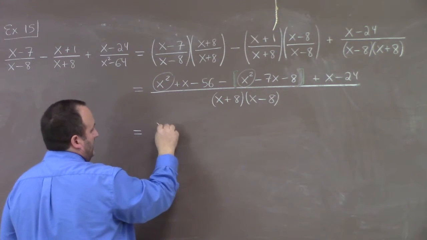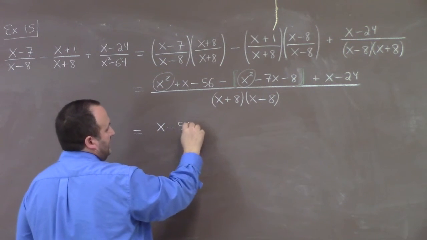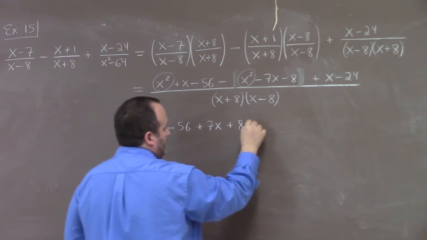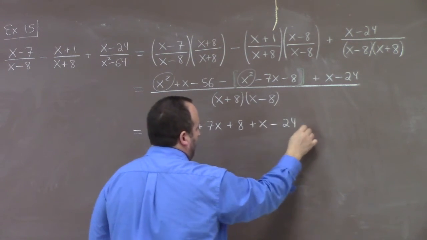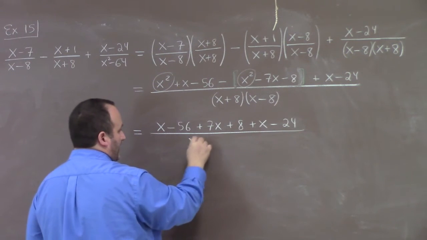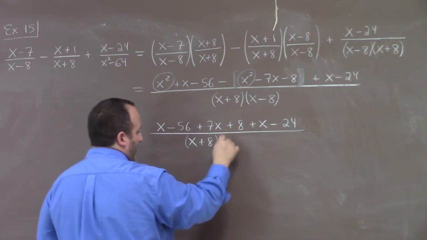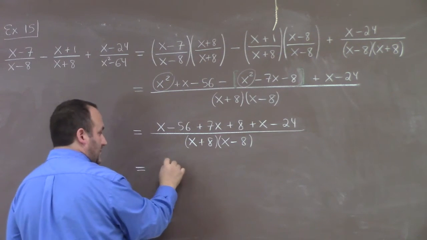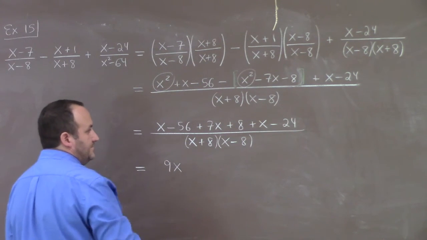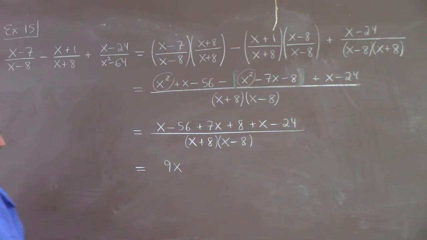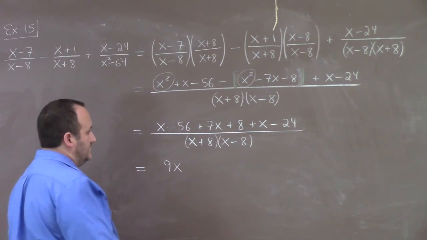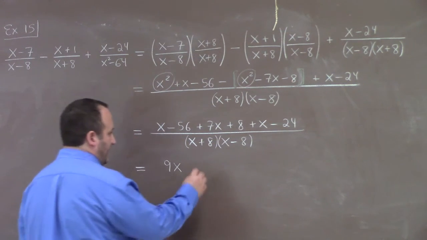We've got x minus 56 plus 7x plus 8 plus x minus 24. What did you say, 9x? Yes, sir. 9x, all right. Minus 72, yep, minus 72, right?